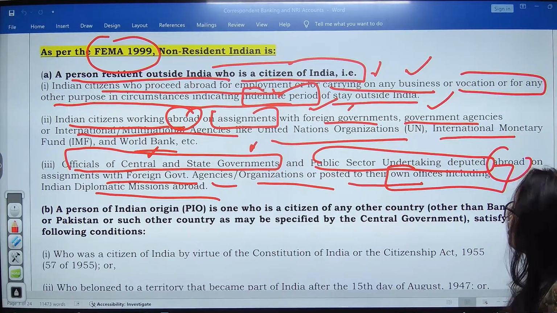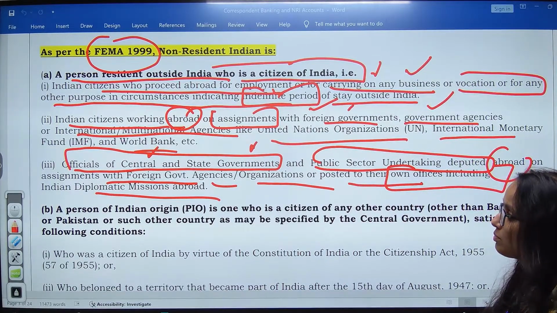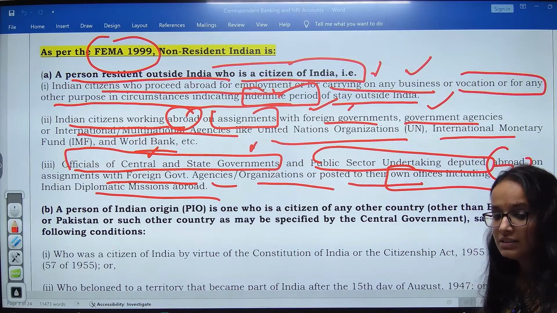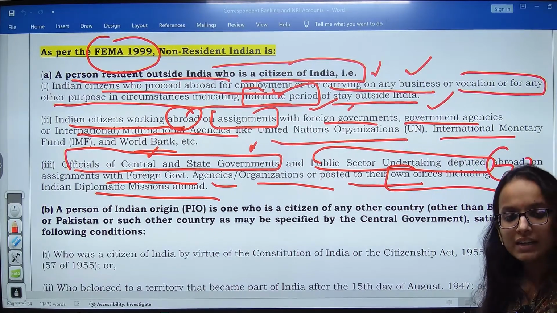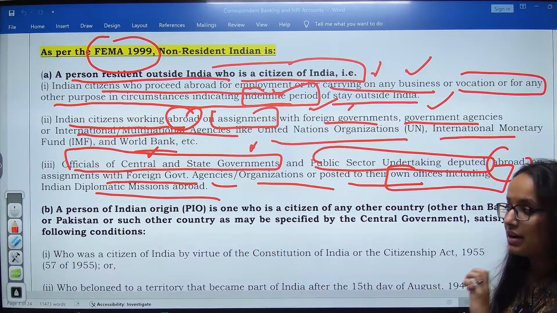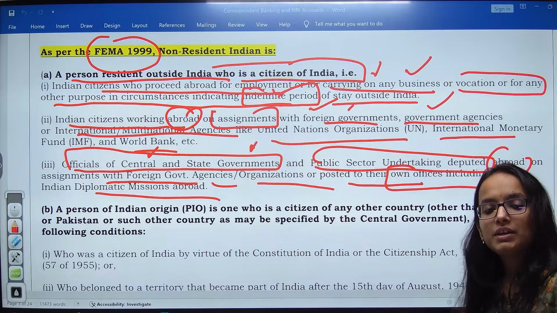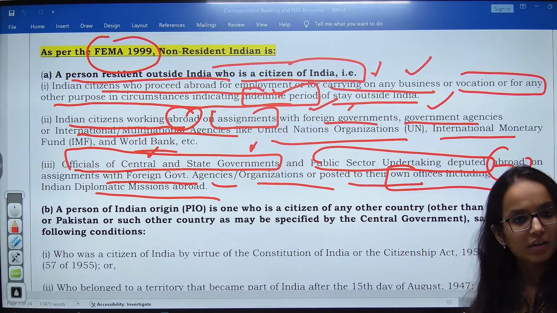You need to remember this, right? So the Foreign Exchange Management Act 1999 says that any person who is residing outside India but is a citizen of India can be called an NRI, if he went there for some purpose which has an indefinite period of stay inherent to the activity, right?